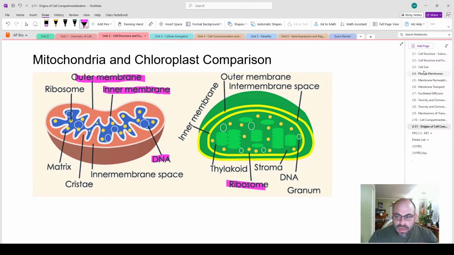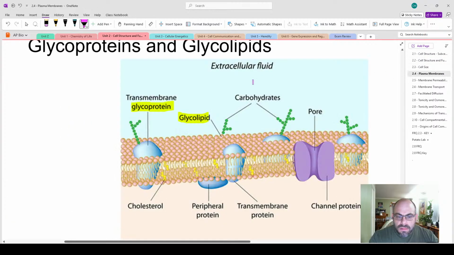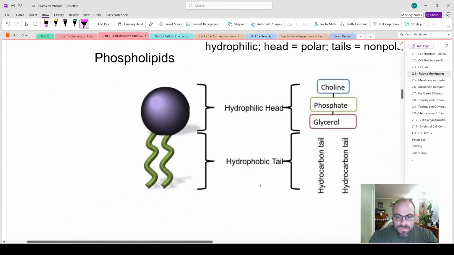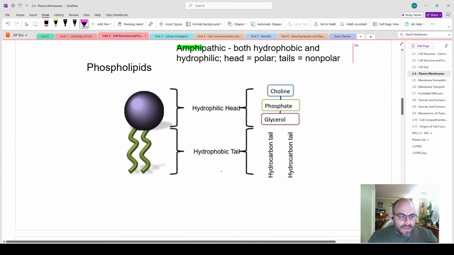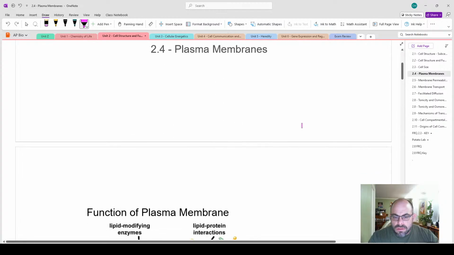So let's look at amphipathic again real quick. Amphipathic plasma membrane. Amphipathic is the idea that it has both a hydrophobic and hydrophilic portion.